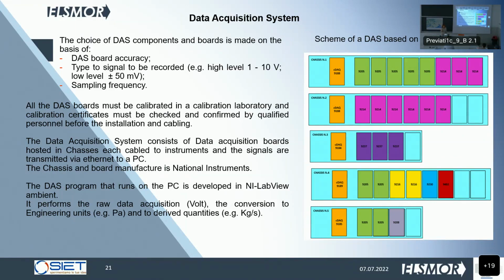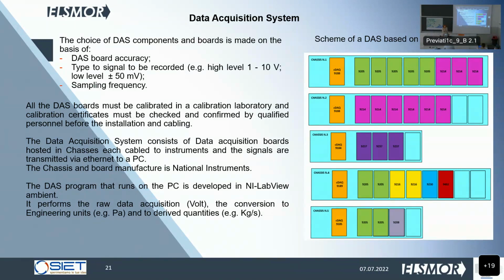the instrument constant that arrives from the calibration certificate. So we know from the calibration certificate how to convert voltage to kilopascal, for example. Then the software is set up also to obtain derived quantities, because we can measure a differential pressure, but we want to know the flow rate.